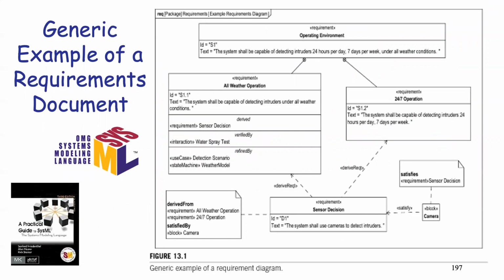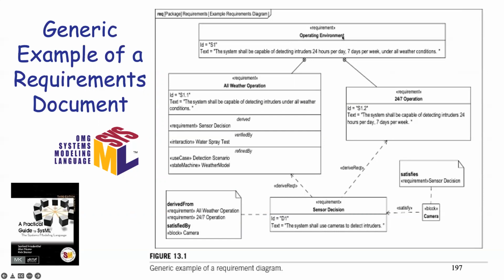As I am going to do, I'm going to refer to some of our supplementary textbooks for additional information. This is from A Practical Guide to SysML, and this is a generic example of a requirements document. Within SysML, we can have this type of view, something called a REQ.